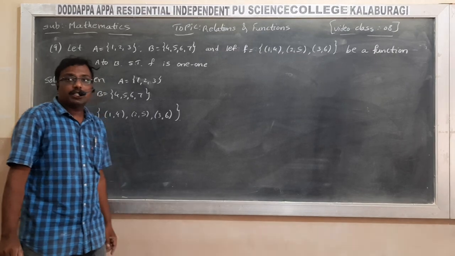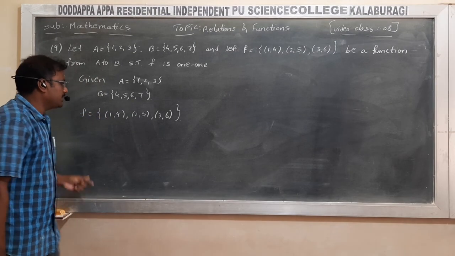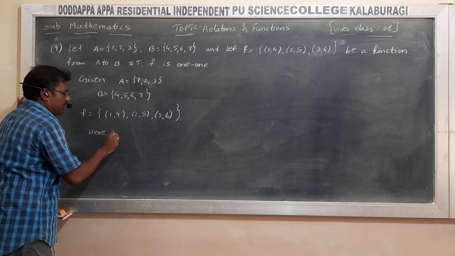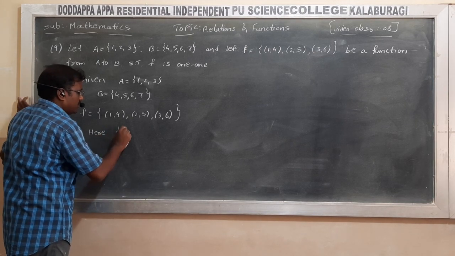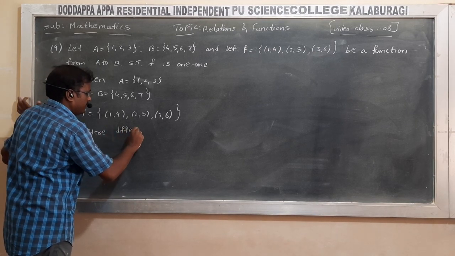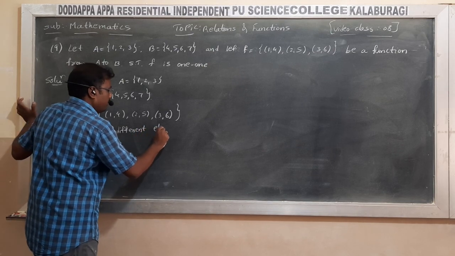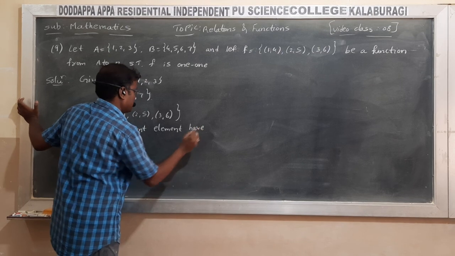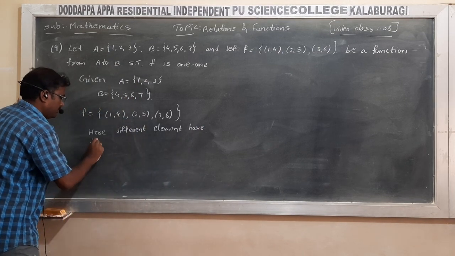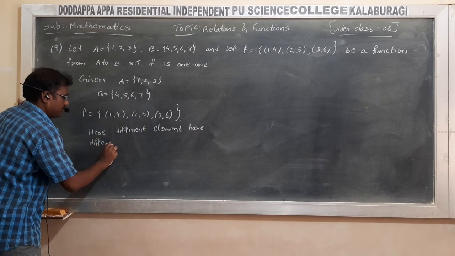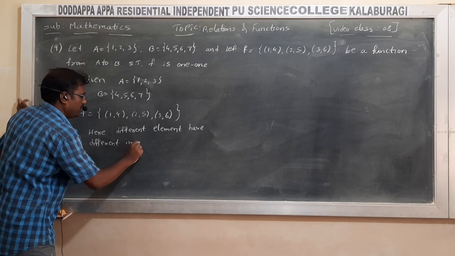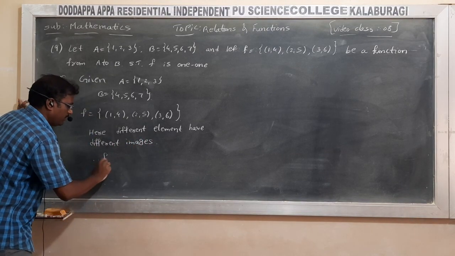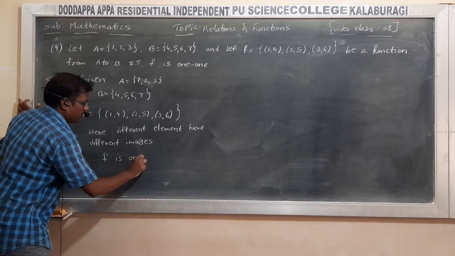There is no element repeated here. Different elements have different images. So therefore f is one-one.